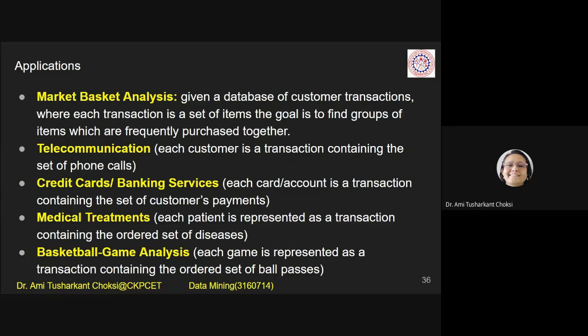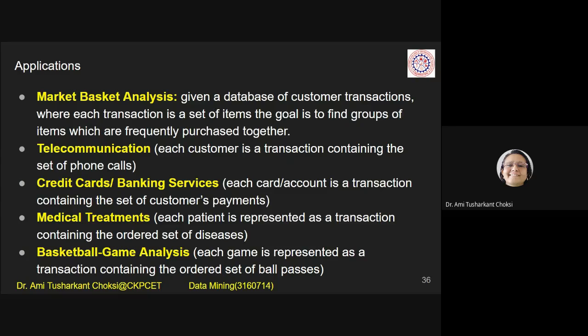Fine. Okay. So we are talking of in telecommunication also what association rule mining can be applied. Fine. You are calling. If I am calling to my mama, I'll call my papa also. Right? The rule can be satisfied. Right?